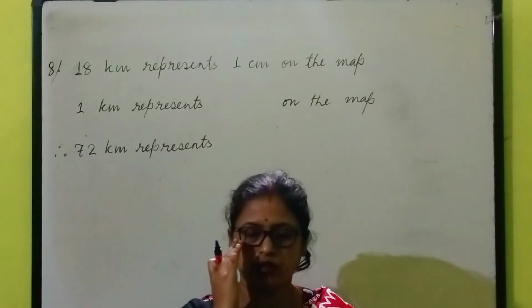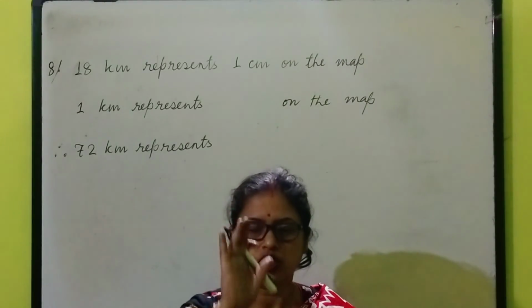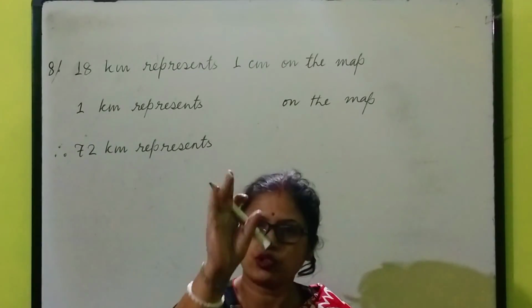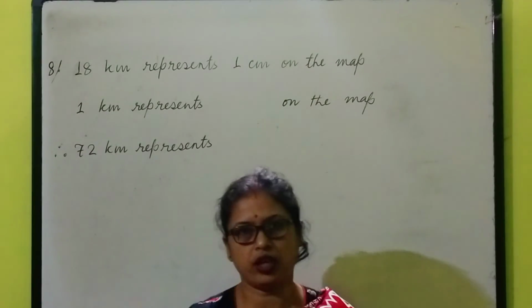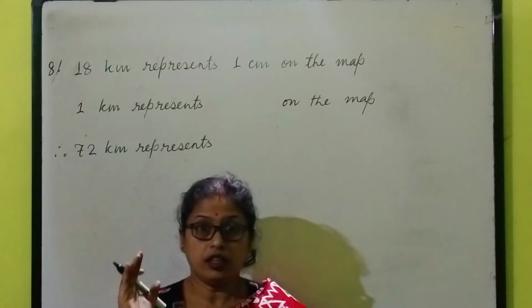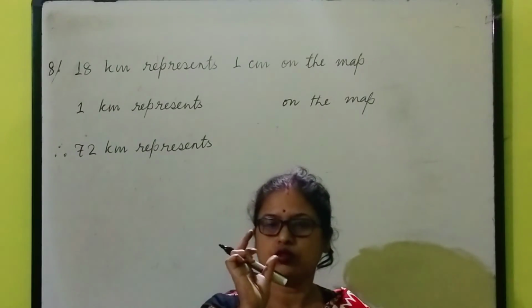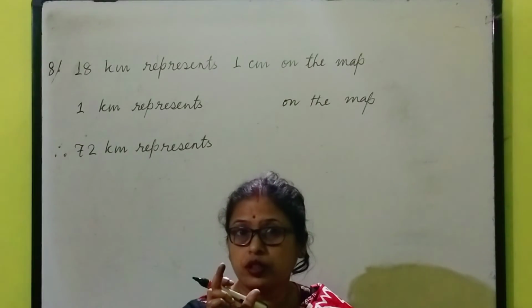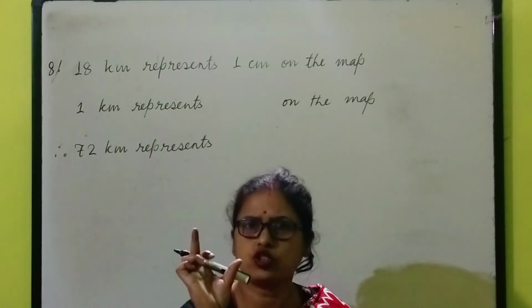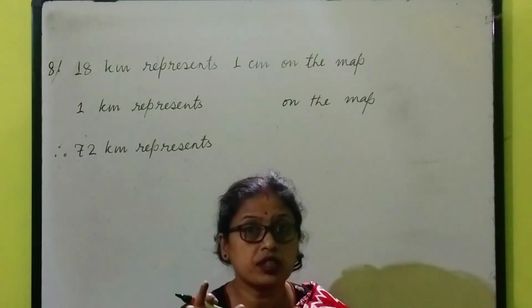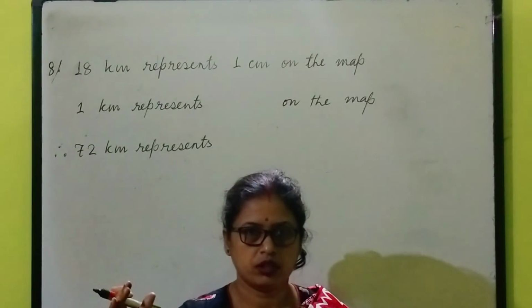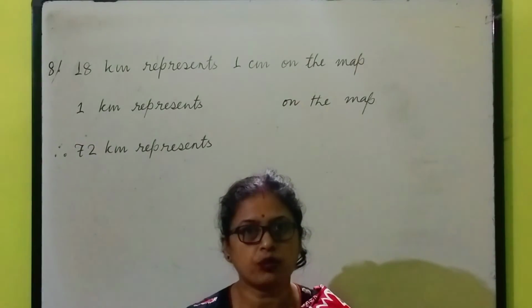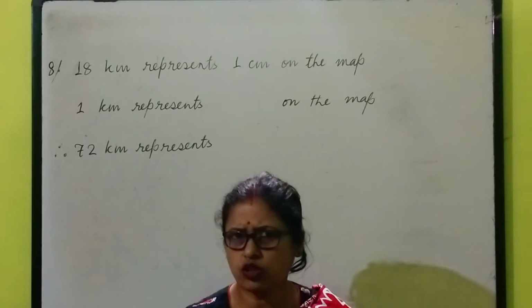Road map. Suppose from here to Guwahati, suppose you have to go to a destination 300 km. Okay, 300 km. Now, in a road map, suppose 1 centimeter represents 100 km. So, in the road map, from here to the destination, it will be 3 centimeter. 3 centimeter means 300 km. Can you draw 300 km in a piece of paper? No, it is not possible.